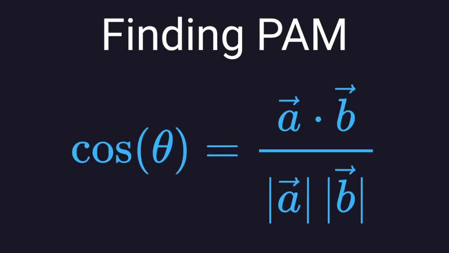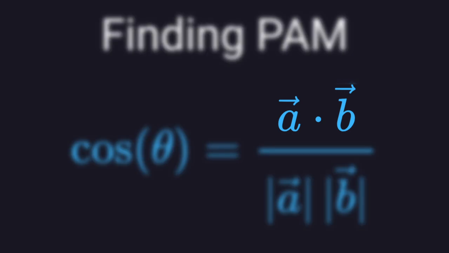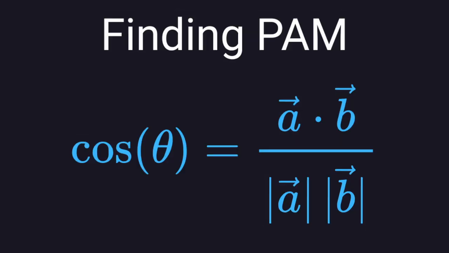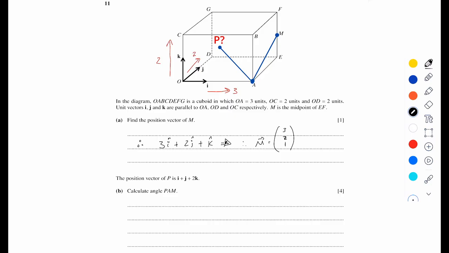Remember that the way we find the angle between 2 lines is by using this formula. As you can see, we need both the scalar product and the magnitude of 2 vectors. And so therefore, in this context, these vectors will have to be AM and AP.